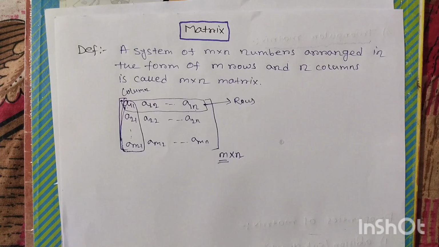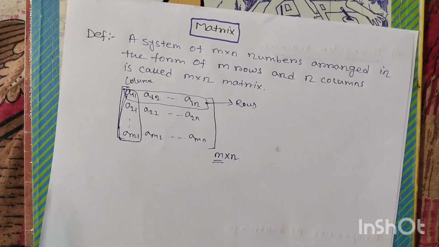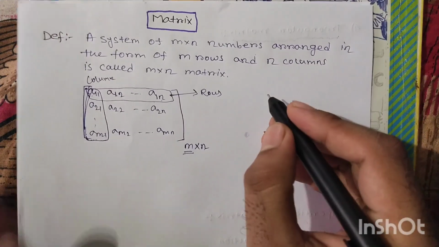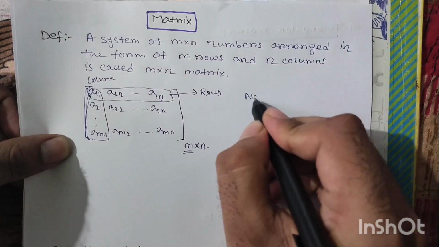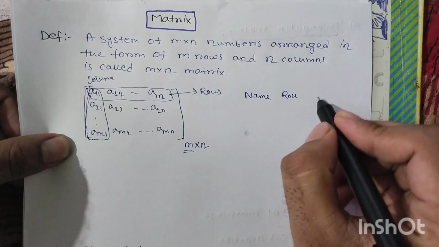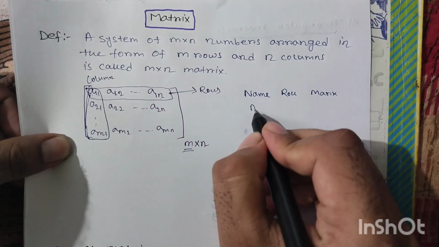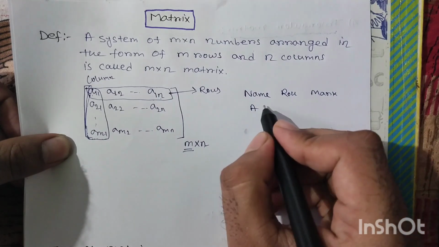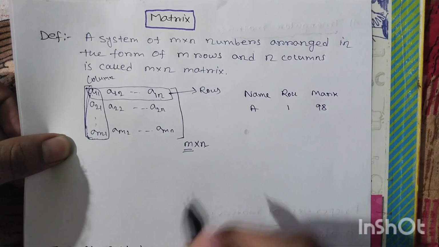Now you can ask what the real life application of matrices is. Observe that in the data science field, which is the most trending field, we have some table column format data like name, roll number, and marks. For example, A is the student name, roll number 1, marks obtained 98.